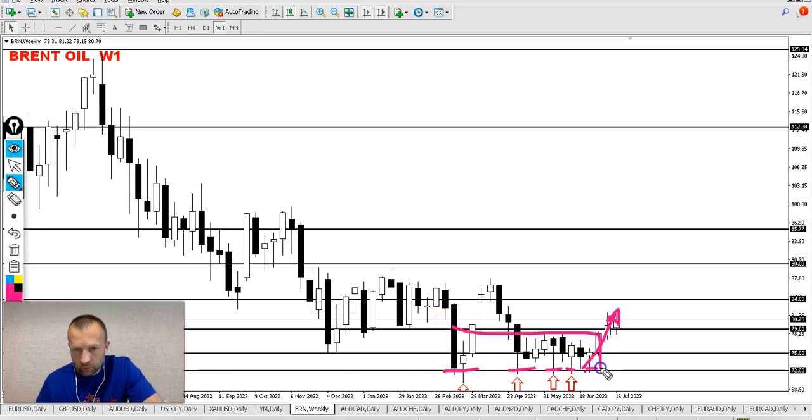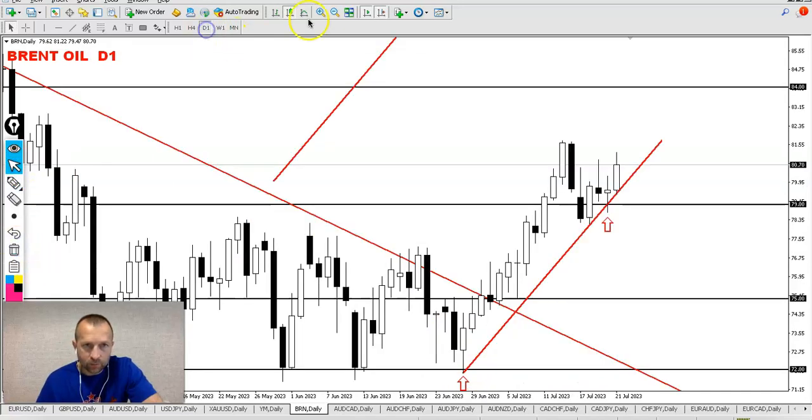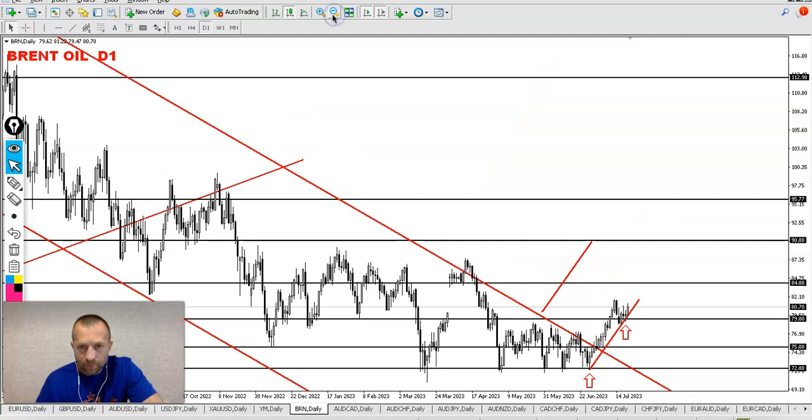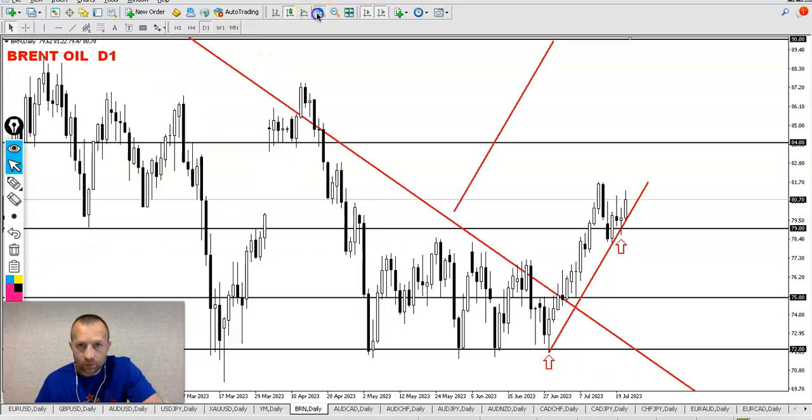So it was a long consolidation. The price was in the box. You can see it was consolidation on the daily, a long consolidation between 79 and 72, but now we clean 79, and I already put some small channel.